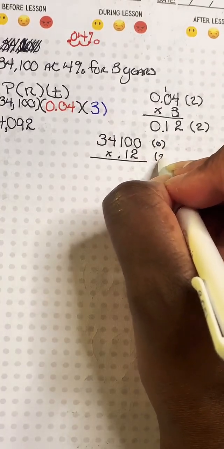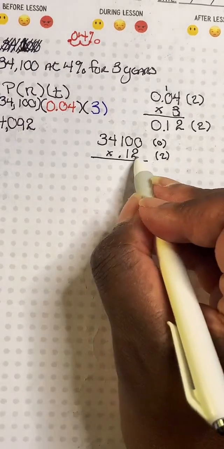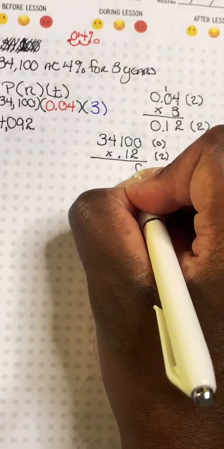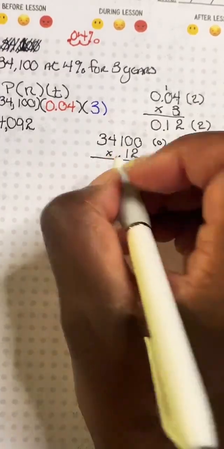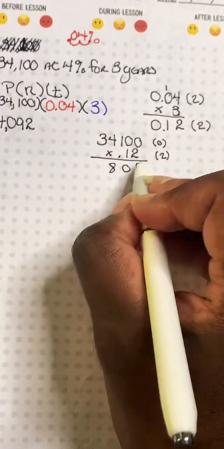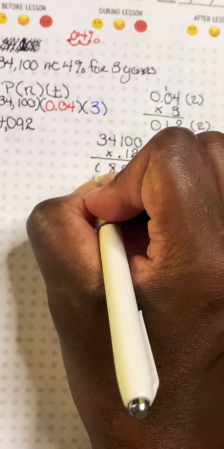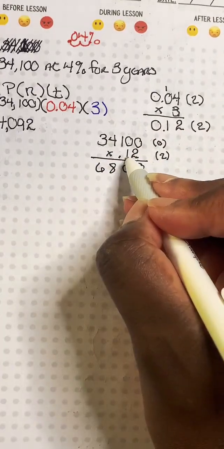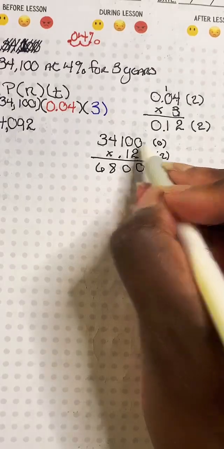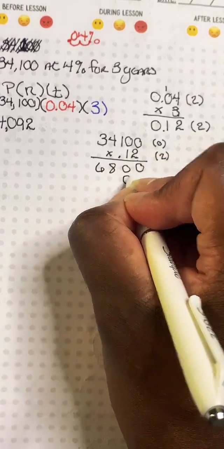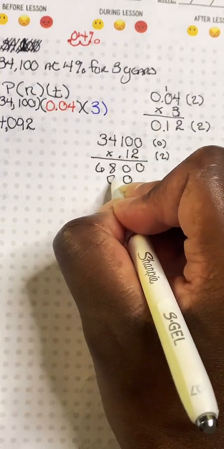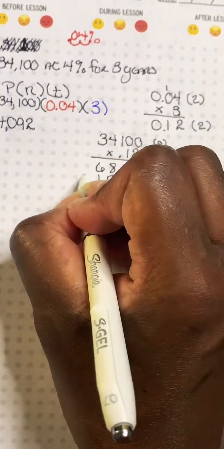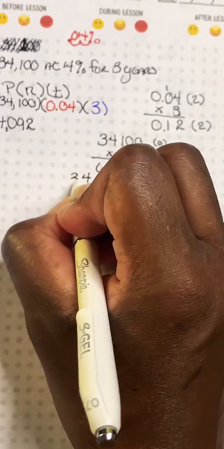This one has 2. 2 times 0 is 0. 2 times 0 is 0. 2 times 4 is 8. 2 times 3 is 6. And now we're going to do the ones. So 1 times 0 is 0. Anything times 1 is going to be itself. So that means you have 0, 0, 1, 4, 3.